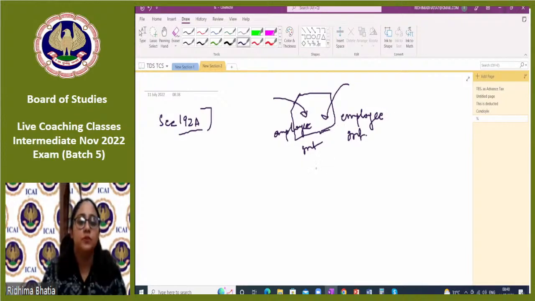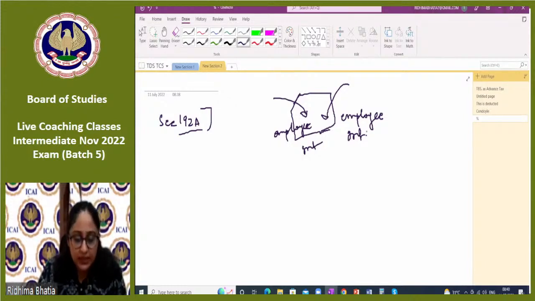Who will withdraw the sum? This is the employee's fund, so obviously the employee will withdraw the sum, right? But what if he withdraws before 5 years, then the amount becomes taxable. If he withdraws after 5 years, nothing is taxable. But if he withdraws before 5 years, the amount is taxable.